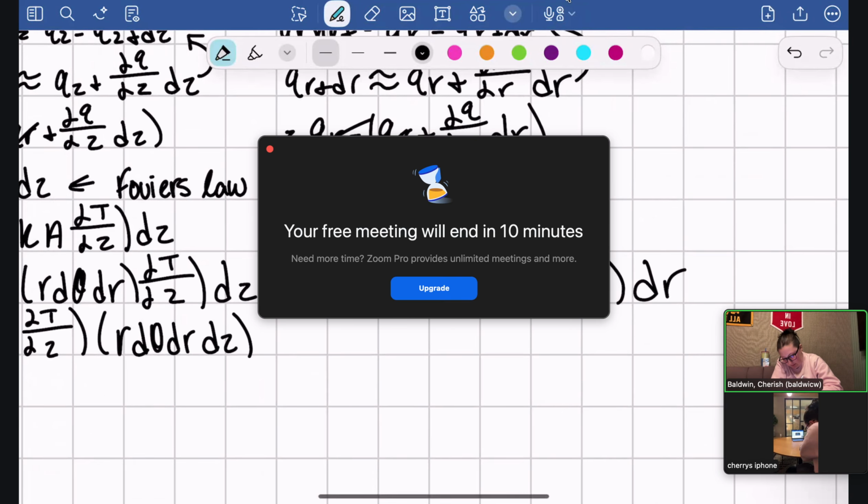And this simplifies to this. You can simplify it.